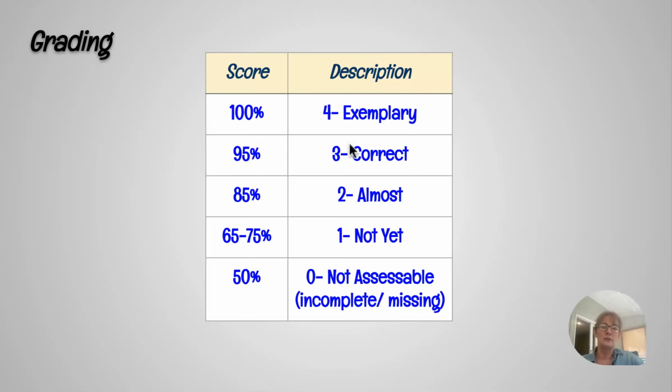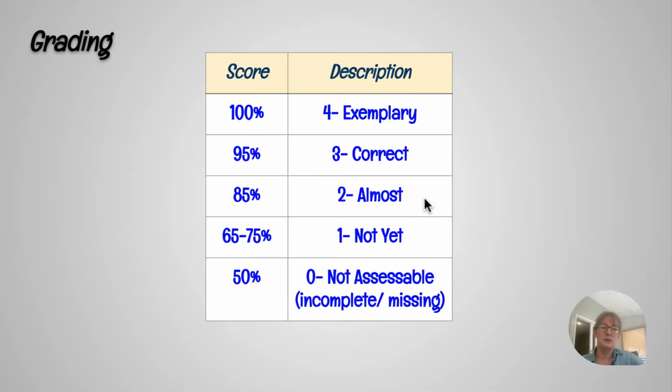If you have given the correct information, that earns you an A. The 100% score is reserved for those answers that really are exemplary. So a little bit above and beyond, something that could be posted as an example for other students to follow. So this is for the really extraordinary work.